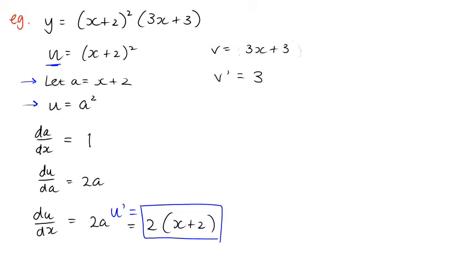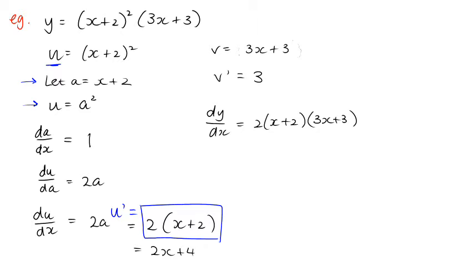Right, we haven't finished yet because we've got to now finish off our product rule. So dy dx is derivative of u times v plus the derivative of v times u. So derivative of u times by v, that derivative times by... Is there a reason you don't expand it? You can, if you want to.